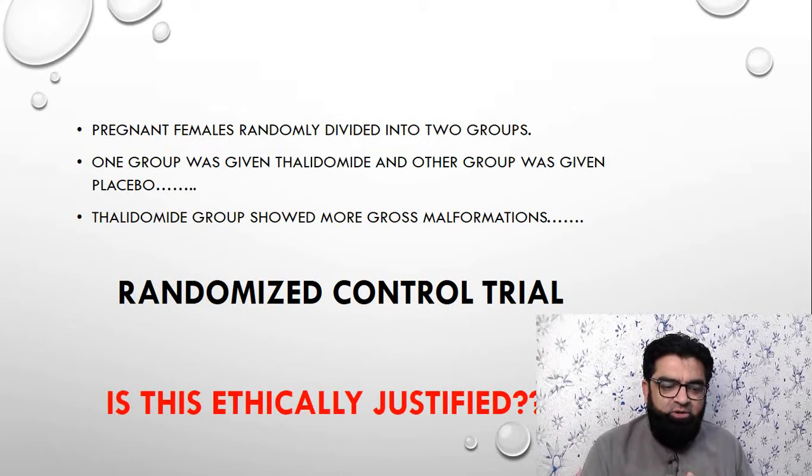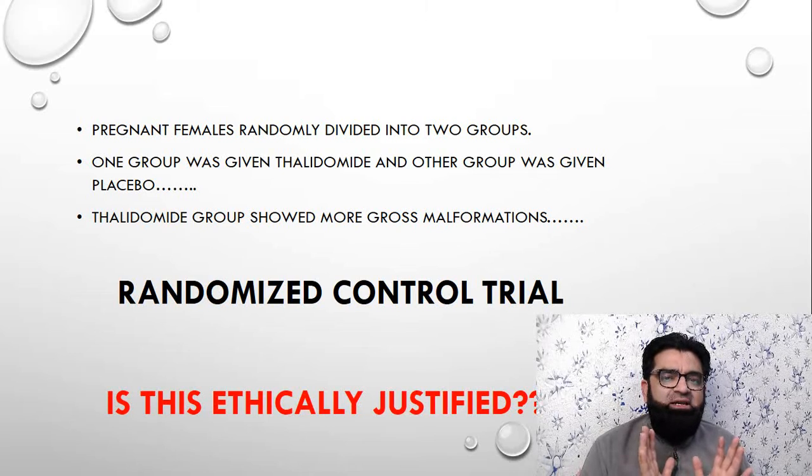But do you think it is ethically justified? A drug which has produced a level of evidence of cohort study design, saying that it is a dangerous drug and it produces gross limb malformation, and we are asking the patient to use this drug as we are doing a randomized controlled trial? No, it's not ethically justified.